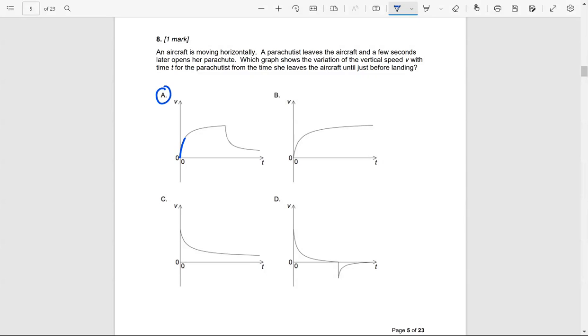As the speed increases downwards, the air resistance increases, which reduces the value of the acceleration. At this point here, the parachute is ejected, and the velocity drops considerably as the drag increases. And then as the velocity drops, the drag drops, and then the forces start to equalize, the weight and the drag. So it's A.